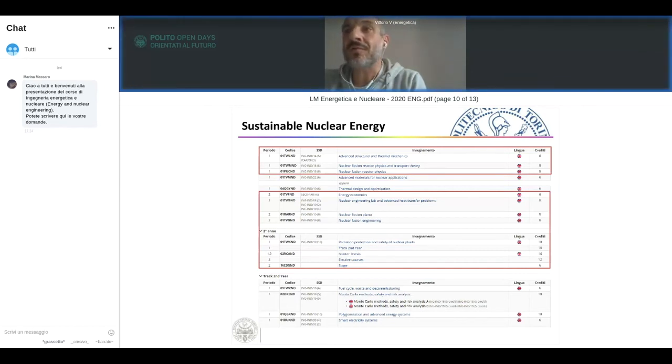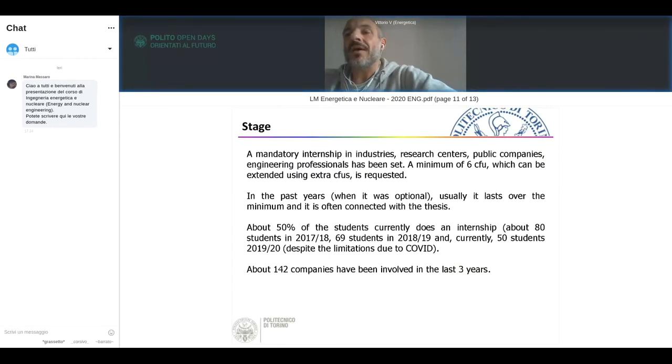I would like to spend a few more words about some specific features of the master we have in Turin at Politecnico. One is related with the internship. We have currently introduced a mandatory internship, which can be developed in industries, research centers, public companies, or with professionals.